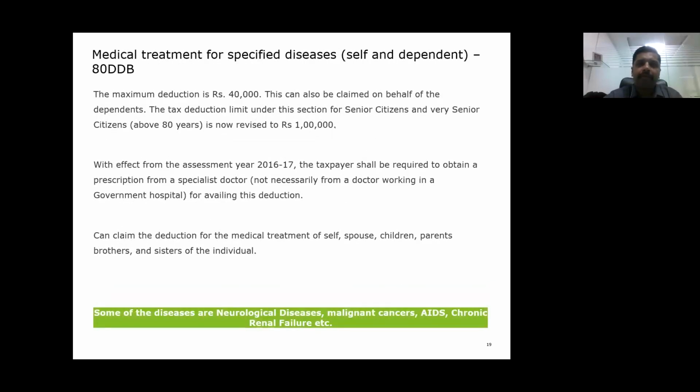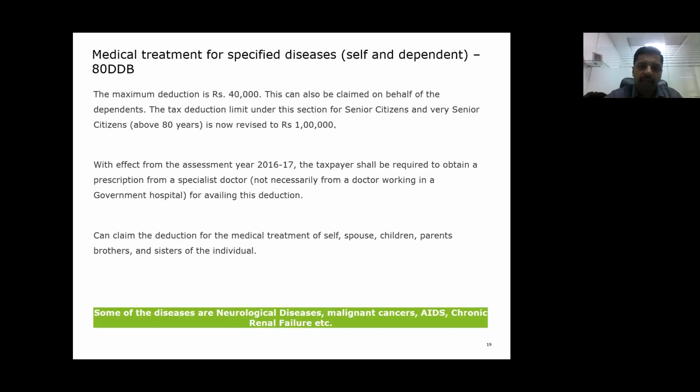Then comes the medical treatment for specified diseases. This is not disability. If the dependents or the employee himself is suffering from specified diseases, then he can claim deduction under Section 80DDB. The maximum deduction is 40,000. However, in case of senior citizens and very senior citizens, it has been revised to 1 lakh rupees.